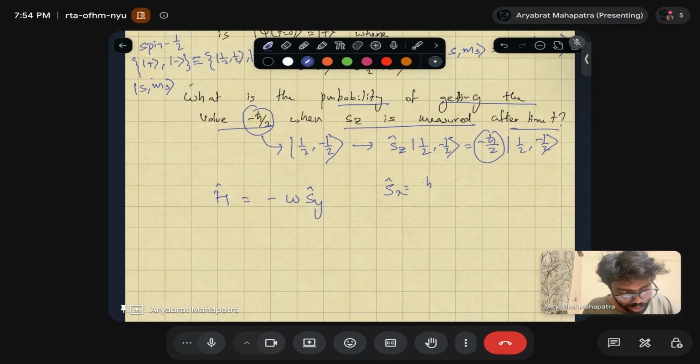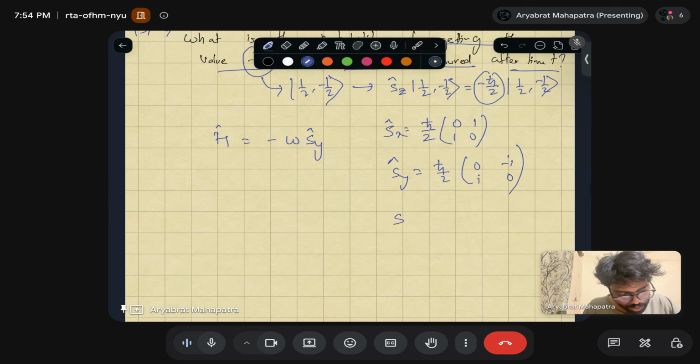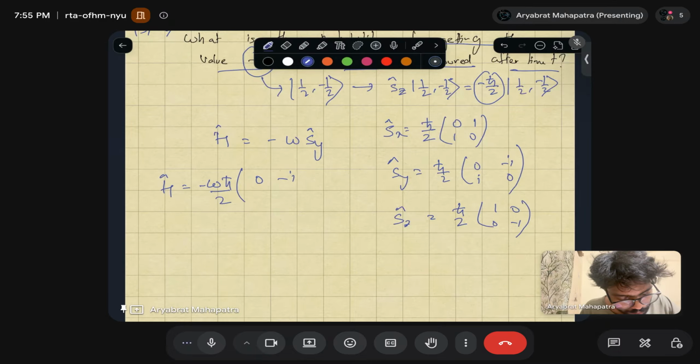Sx is given as h bar by 2 times 0, 1, 1, 0, Sy is given as h bar by 2 times 0, minus i, i, 0, and Sz is given as h bar by 2 times 1, 0, 0, minus 1. Then your Hamiltonian is basically minus omega h bar by 2 times 0, minus i, i, 0.